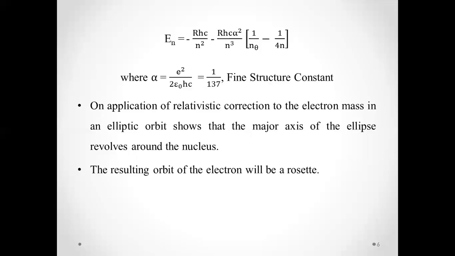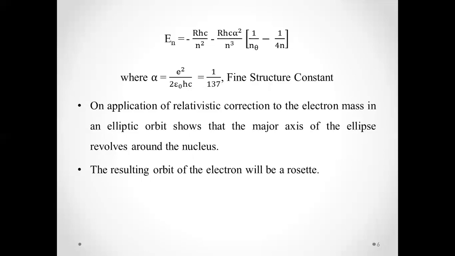Now, application of relativistic correction to the electron mass in an elliptic orbit shows that the major axis of the ellipse revolves around the nucleus. The orbit of electron is no longer a simple ellipse, and it is indeed not a closed curve.